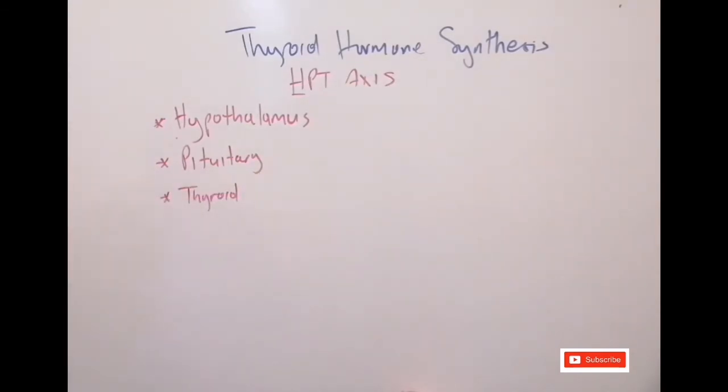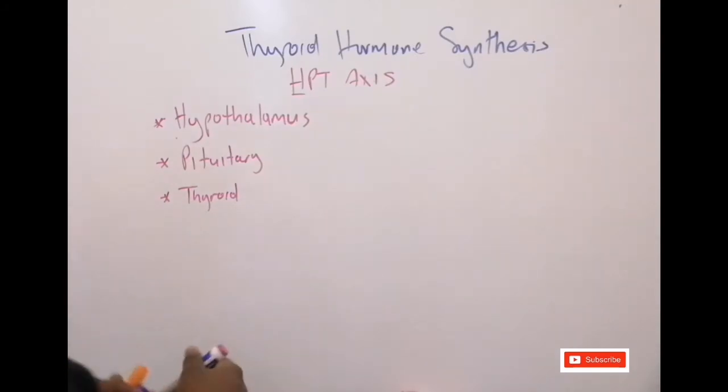So the HPT axis is made up of the hypothalamus, the pituitary, and the thyroid gland. These three control the production and the release of thyroid hormones, which is T3 and T4, right?